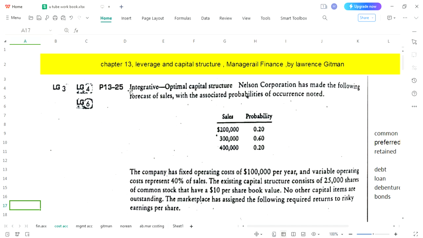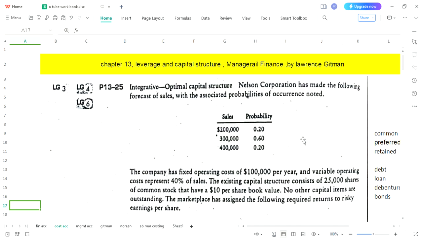We have solved several questions related to capital structure, where we have understood that there are two different states of capital structure. Equity financing, where we have seen common, preferred or retained earnings as a form of equity financing. Then we have seen debt financing, where we can take a loan, debentures or bonds.